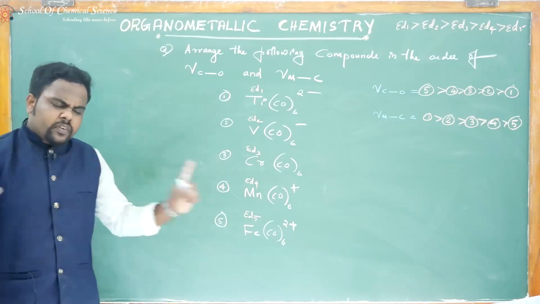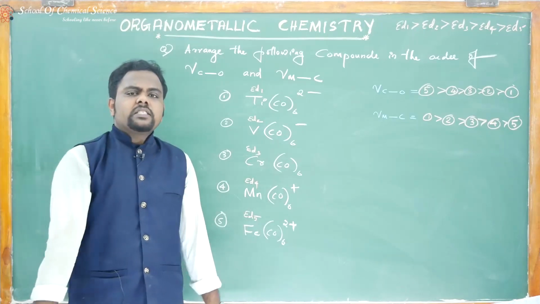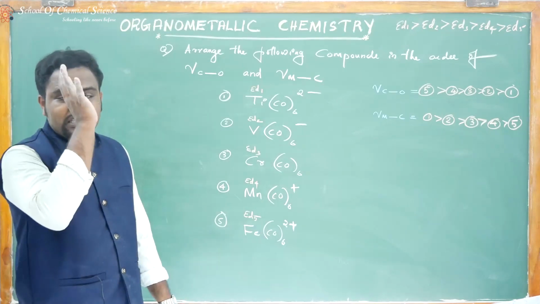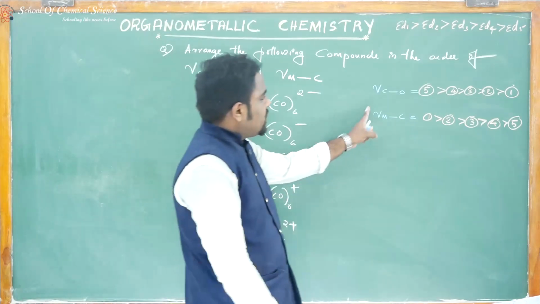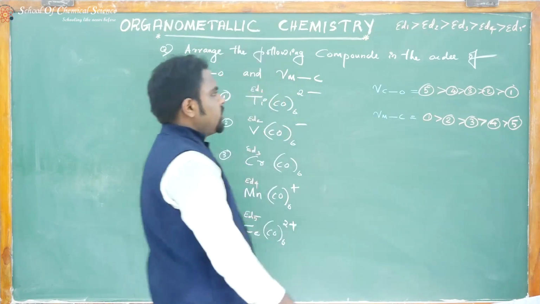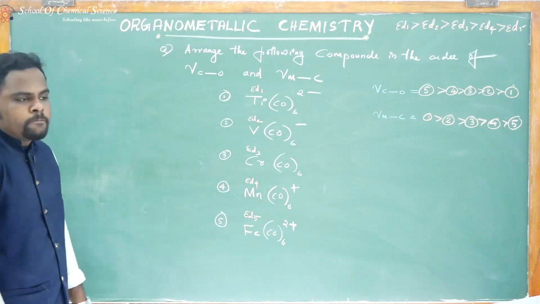This type of question, definitely every time in the CSIR exam, one question is based on the carbonyl stretching frequency. This is the carbonyl stretching frequency ν CO, and this is the metal-carbon stretching frequency ν MC. Clear?